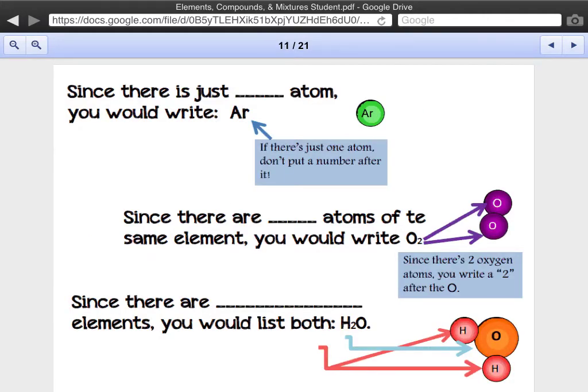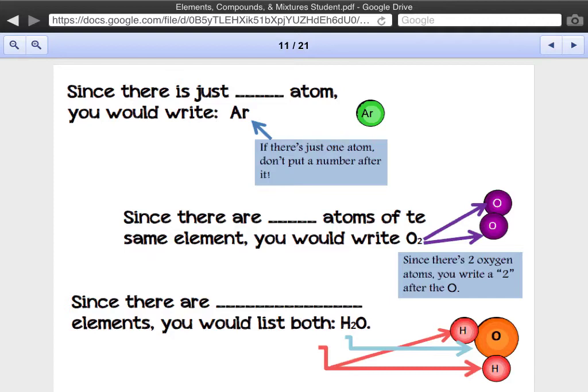Since there is just one atom, you would write it Ar. We don't put a little number after argon because the one is given. On O2, our molecule, since there are two atoms of the same element, you would write O2. This number right here is called a subscript. It goes at the bottom.